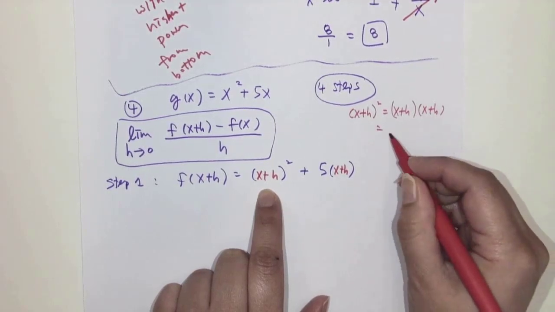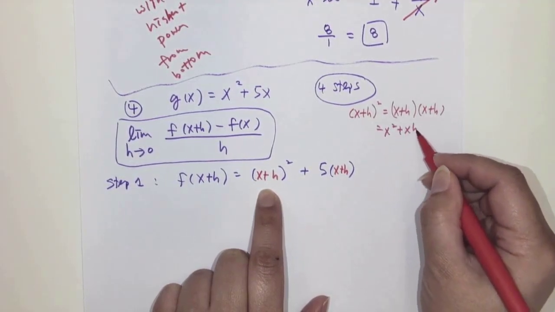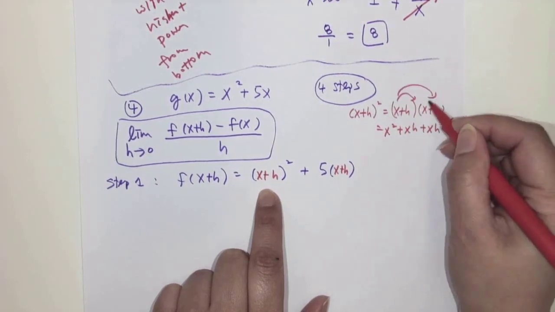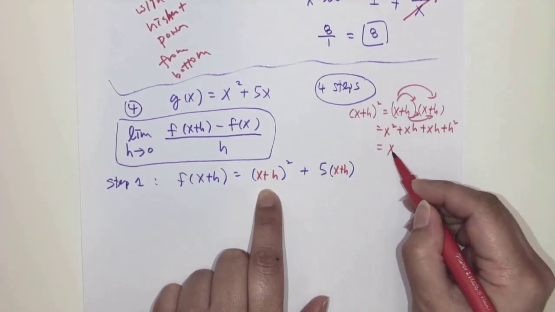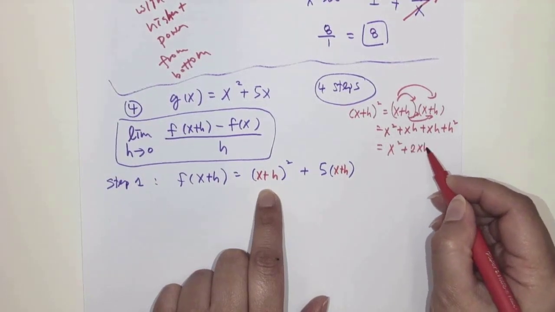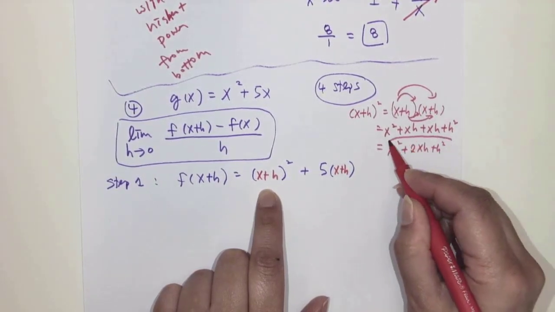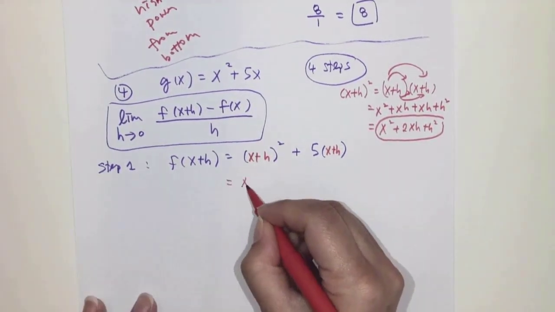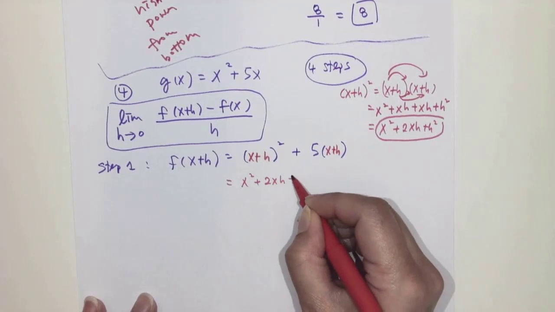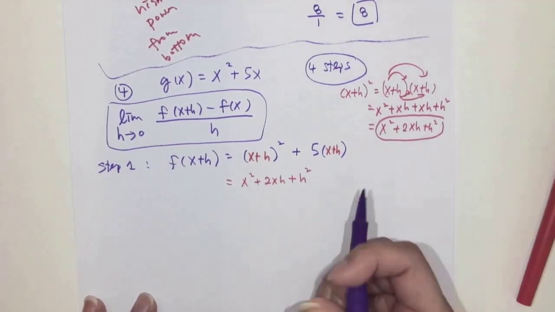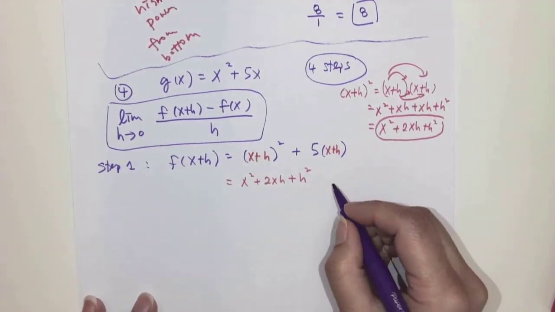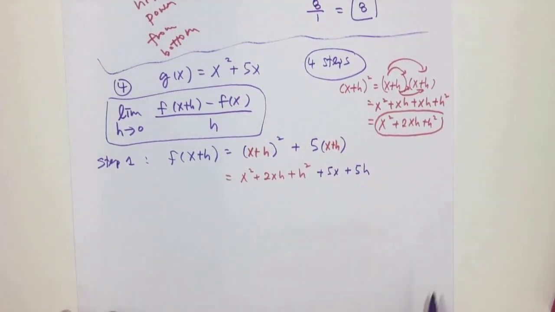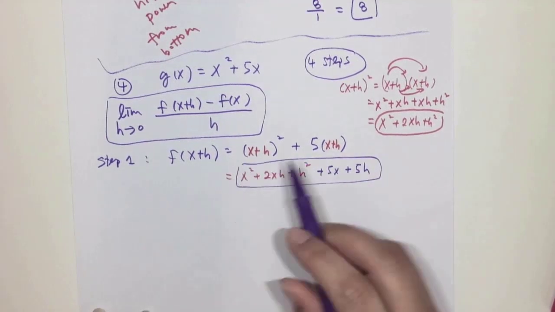If you FOIL it, it would be x squared plus xh plus xh plus h squared, right? The middle part can turn into plus 2xh. This is actually the perfect square formula for a plus b. So I have x squared plus 2xh plus h squared. And then over here, we add 5x plus 5h. Nothing else we can do, so that's step 1.